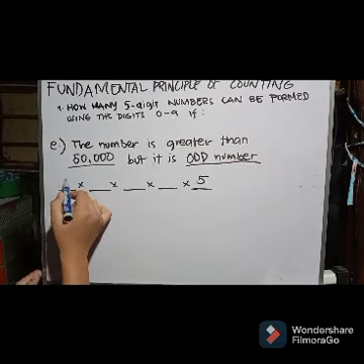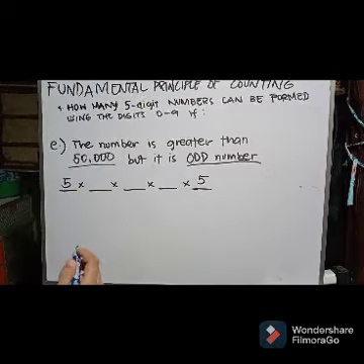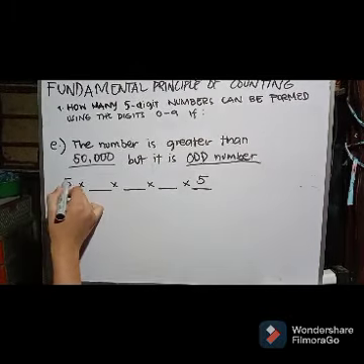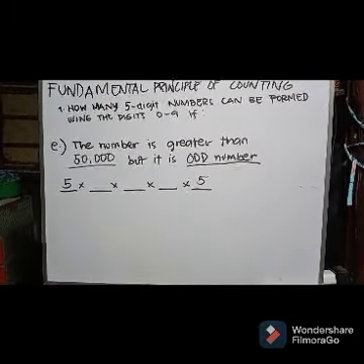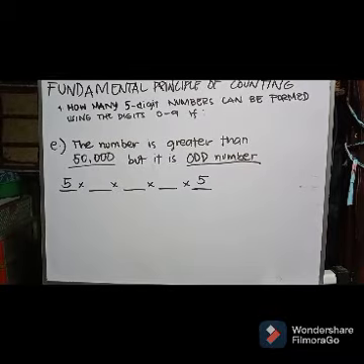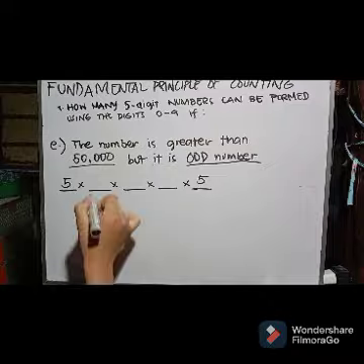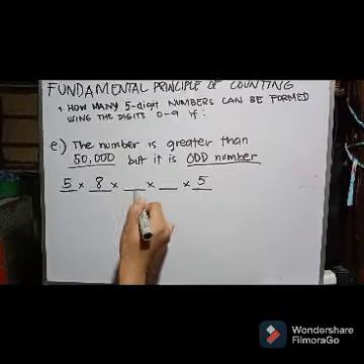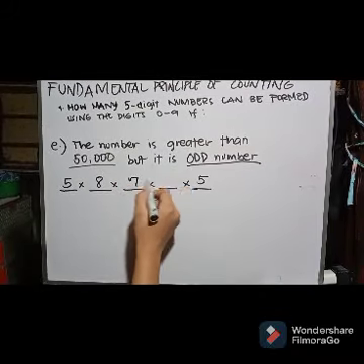So it's also 5. Then next, we already used 2 digits, so it will be 8, 7, and 6.